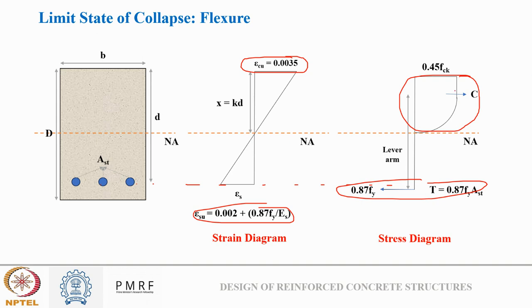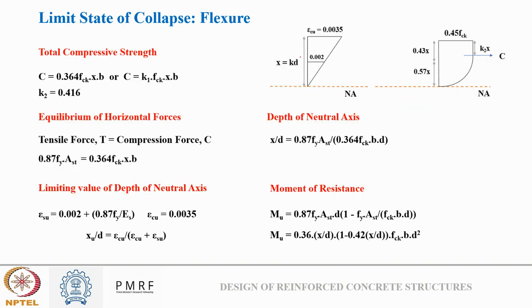Based on these diagrams, we saw several relationships that can be derived for the limit state method of design. Just to summarize those relationships on a single page for clarity: first we need to calculate the total compressive force. For that, we need the compressive area, which we got by taking the total area of the rectangle minus the area of the excluded parabolic part.